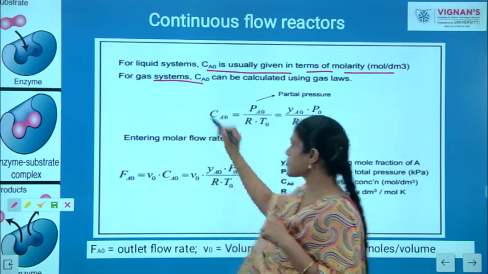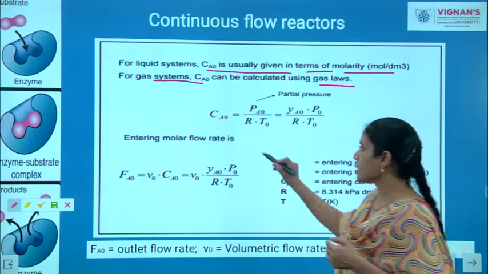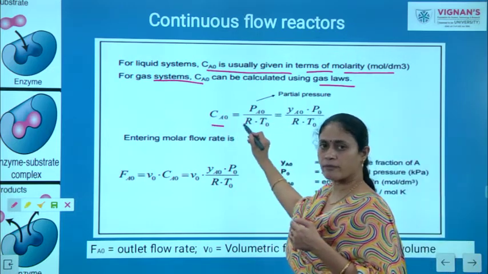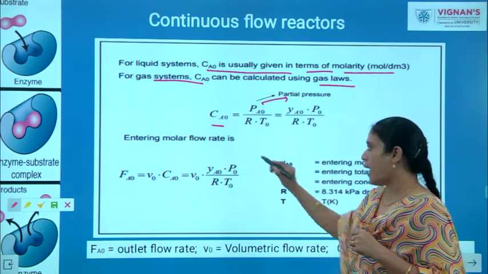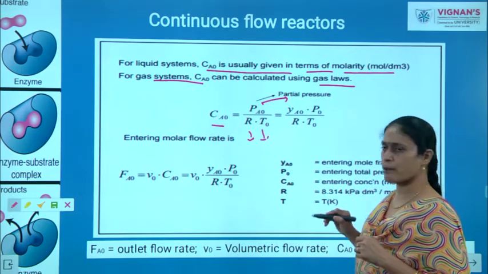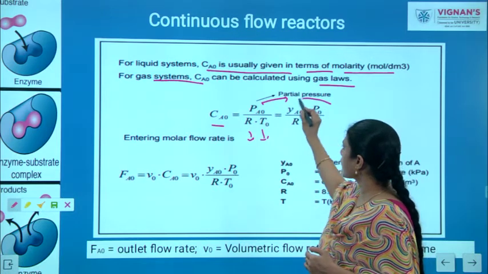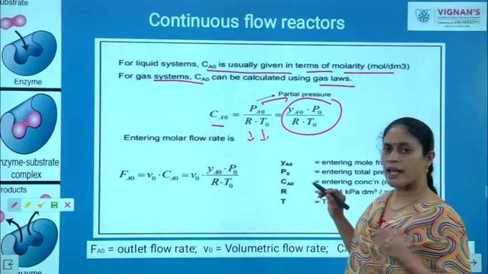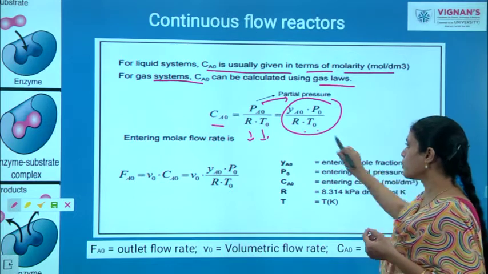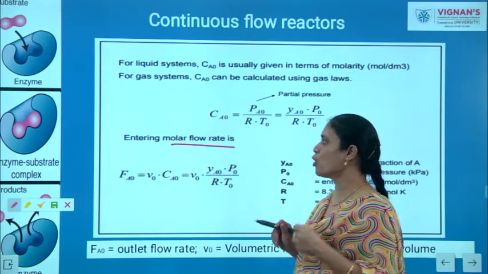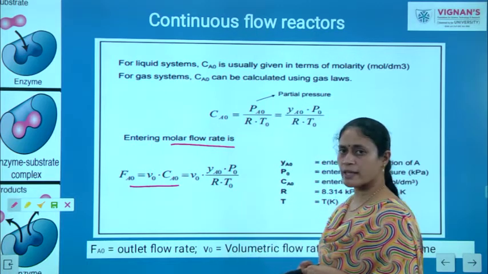Whereas in a gaseous system, CA naught can be calculated using the gas law, which is CA naught equal to PA naught divided by R into T, where P is the partial pressure, R is the gas constant, and T is the temperature. Upon substituting, you get CA naught equal to YA naught into P naught divided by R into T naught. Considering the entering molar flow rate, FA naught is equal to V naught into CA naught.